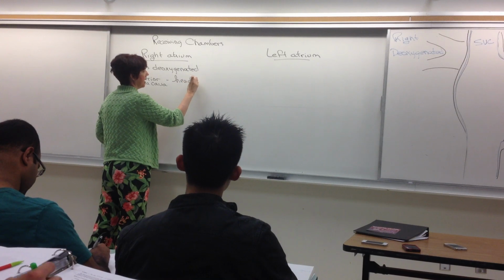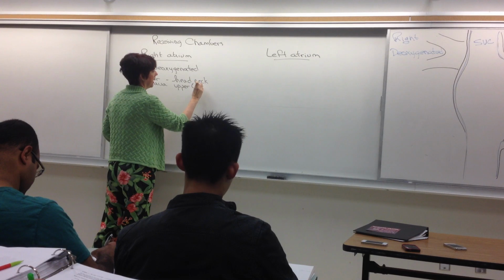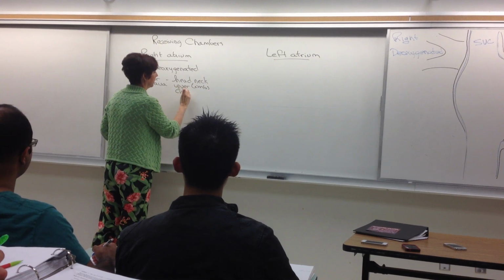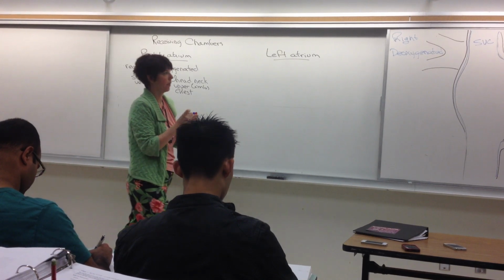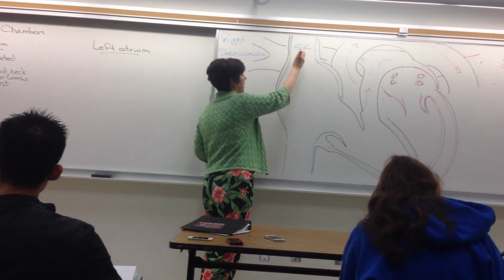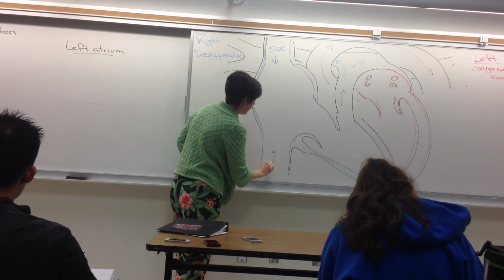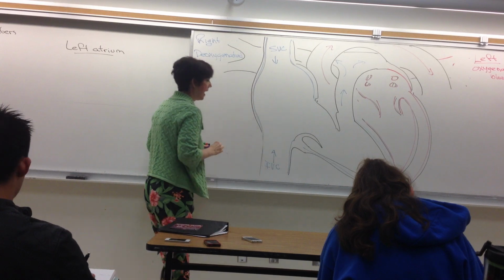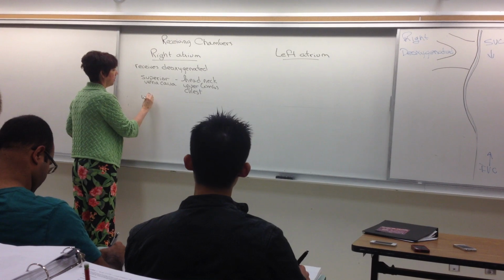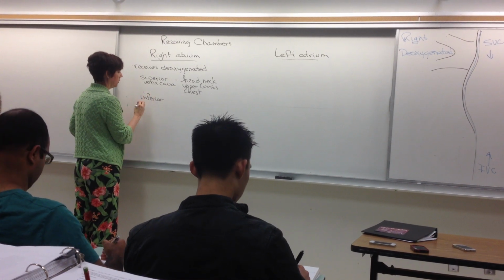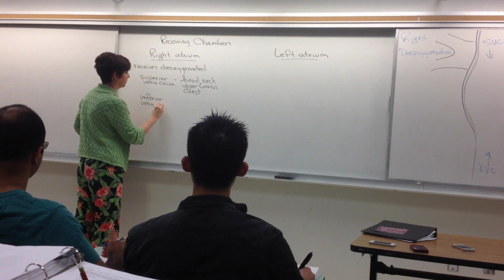Deoxygenated blood from the head, neck, upper limbs, and chest. Transporting blood from the lower extremities and the abdomen, we have the inferior vena cava. And we'll be looking at these vessels, veins on Monday, arteries on Wednesday.